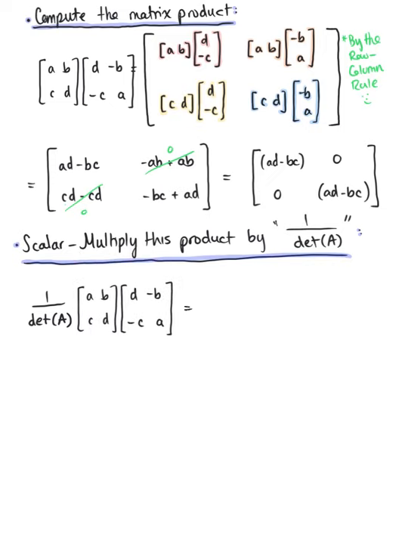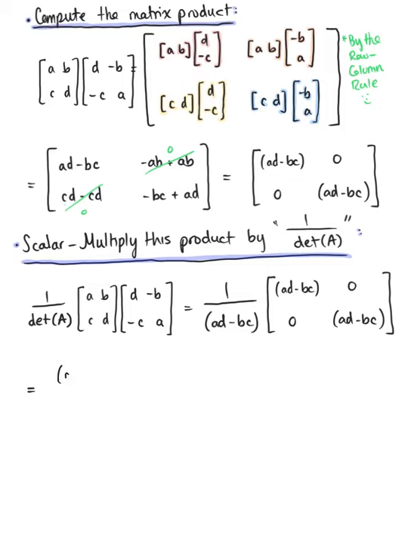So let's convert that determinant of matrix A. We know that this quantity is defined as A times D minus B times C, and we're taking that 2 by 2 matrix that we just found above and scalar multiplying it by 1 over the determinant. So by properties of scalar multiplication, we can distribute this scalar through to each term.